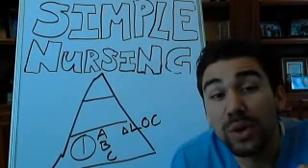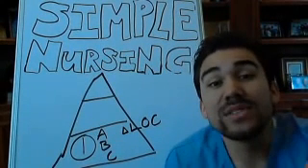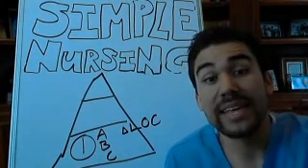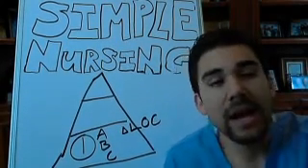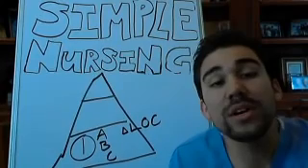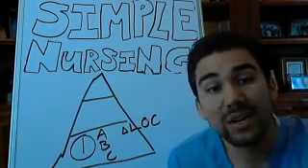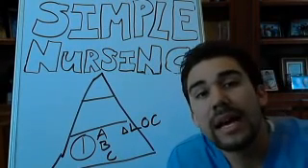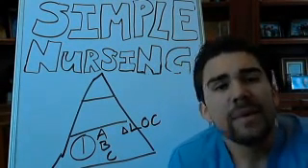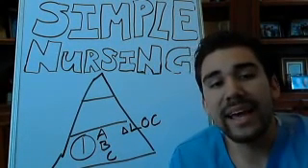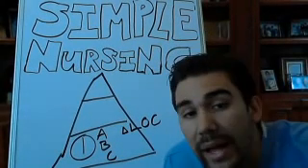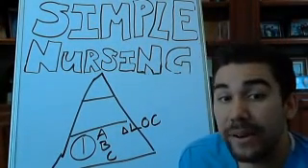I had to learn real quick that ABCs was not the whole prioritization with every single client. Obviously, anyone who does have an airway, breathing, or circulation issue comes first. But what if you have 3 patients that don't have those type of issues? Well, we're going to talk about that right now.